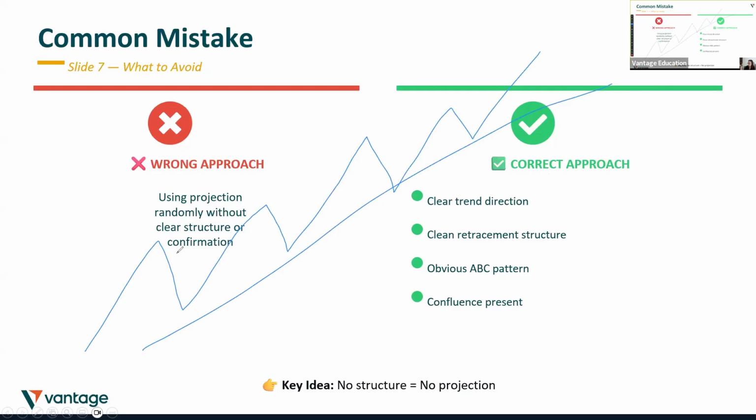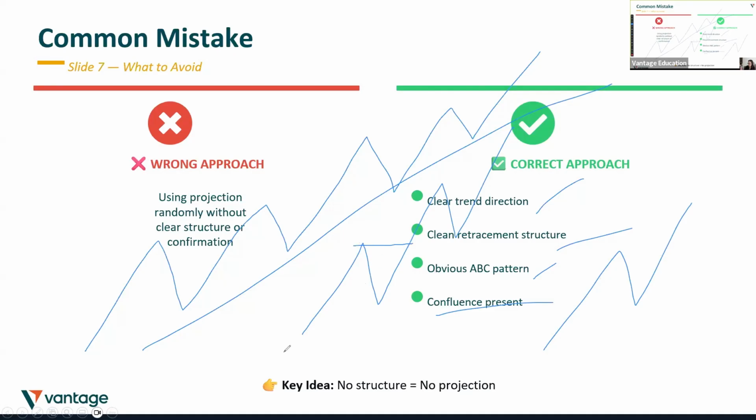Correct approach: clear trend direction, clear structures, an obvious A, B, C pattern or zigzag. So this is where price makes a higher high, higher low, higher high, higher low. Clear structure. Confluence could be present if price breaks this resistance.